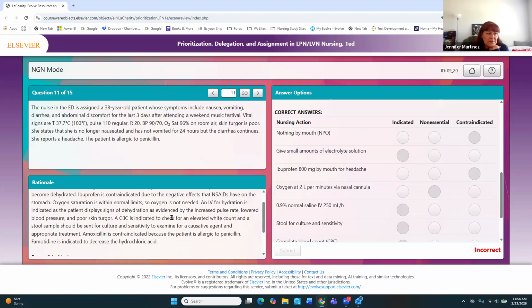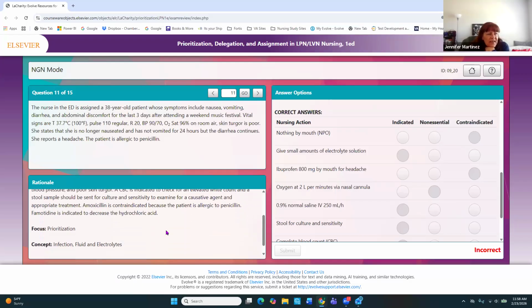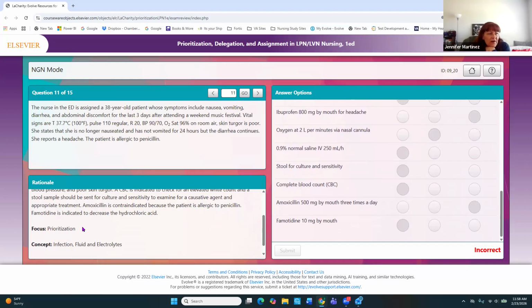O2 is within normal limits, so we don't need to give oxygen. An IV for hydration is indicated. The patient displays signs of dehydration as evidenced by increased pulse, lowered blood pressure, and poor skin turgor. So we'll do a CBC and a stool sample. And then amoxicillin is contraindicated because the patient is allergic to penicillin. And then famotidine we can give, right, to decrease the hydrochloric acid.